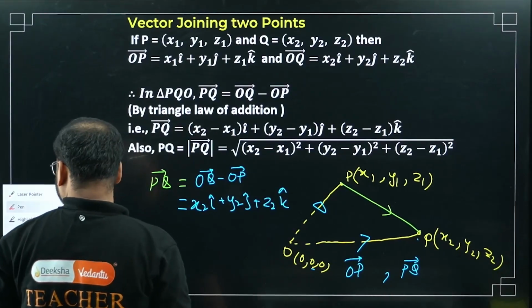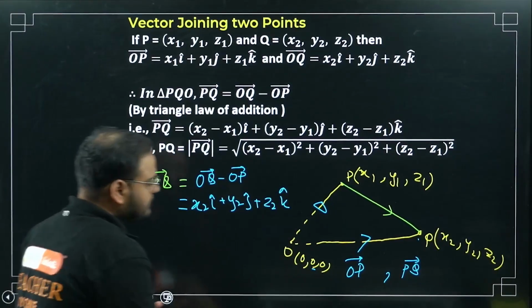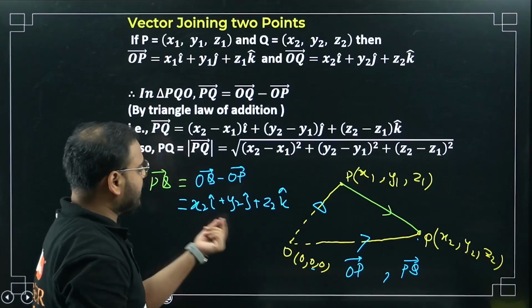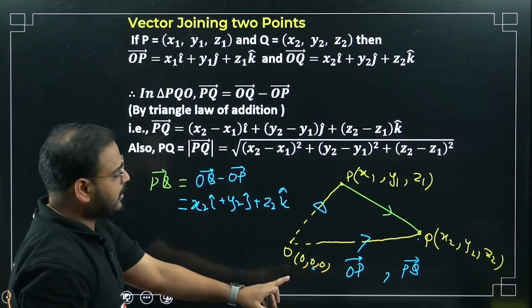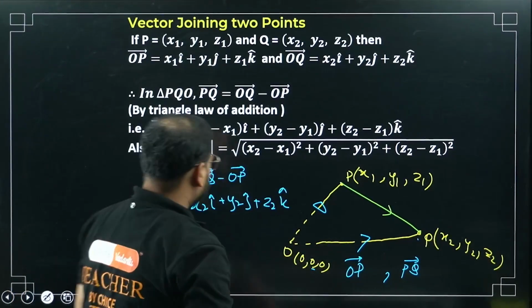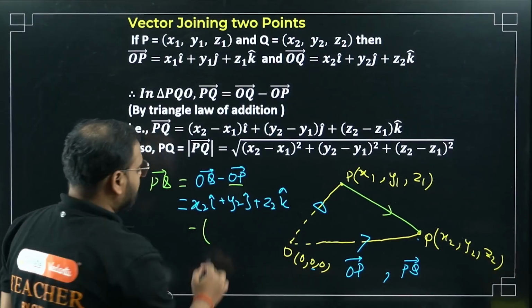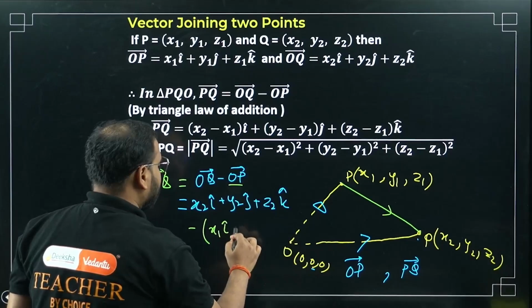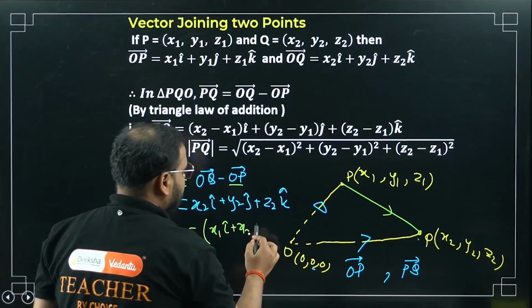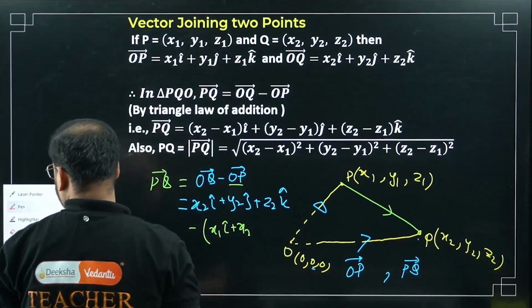I hope you agree, that's how we write. And now what about OP? A minus sign will come because of the OP minus. You will get x1 i cap plus, sorry, y1, right?